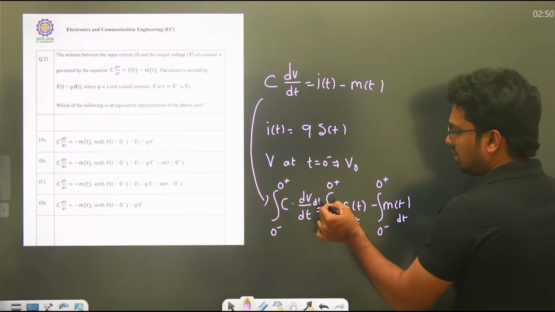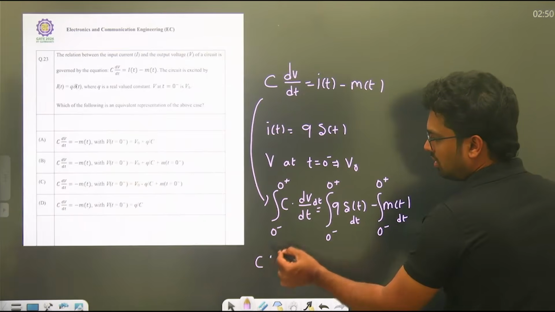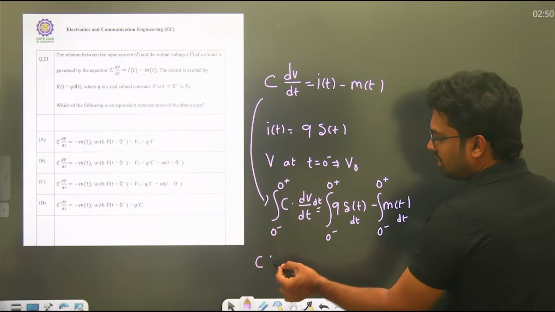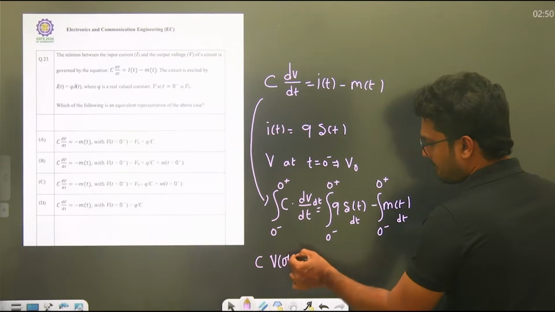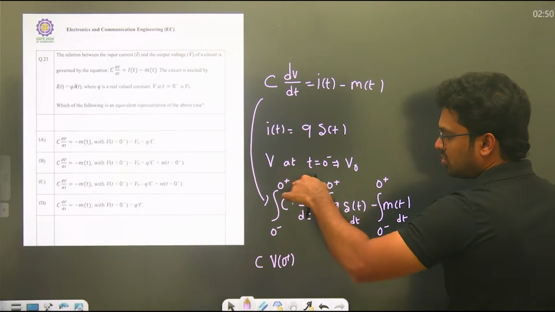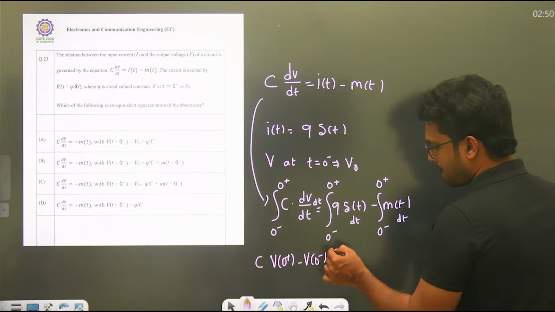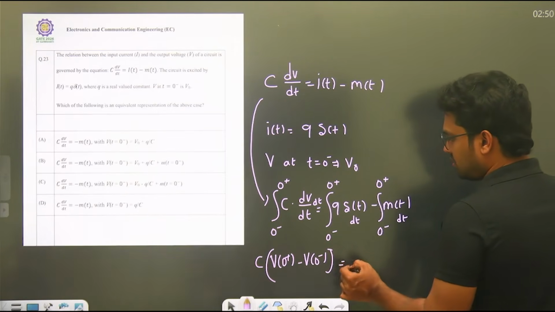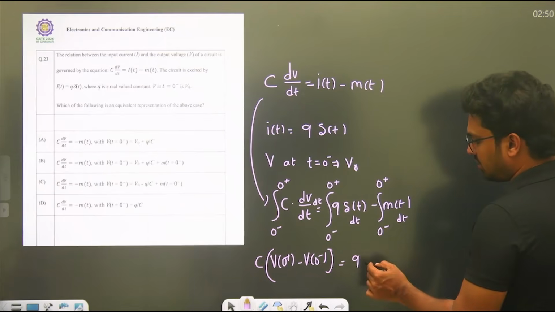So here dt cancels, and what you get is C into the integration of dV, which is V of 0 plus minus V of 0 minus. This equals the integration of the impulse, which gives Q, minus the integral of M, which is 0.